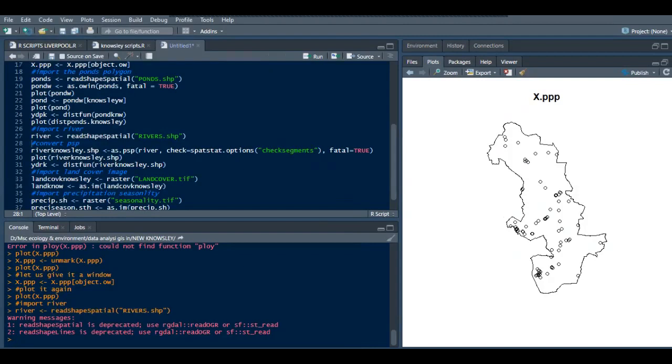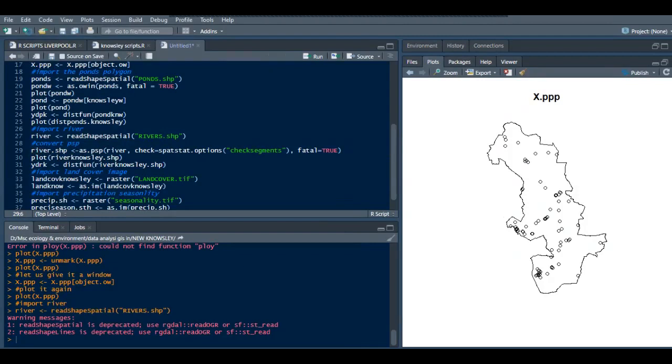So what I'm gonna do is to run this code where we use as.psp, and then we write our polygon shape. Not a polygon shape now.